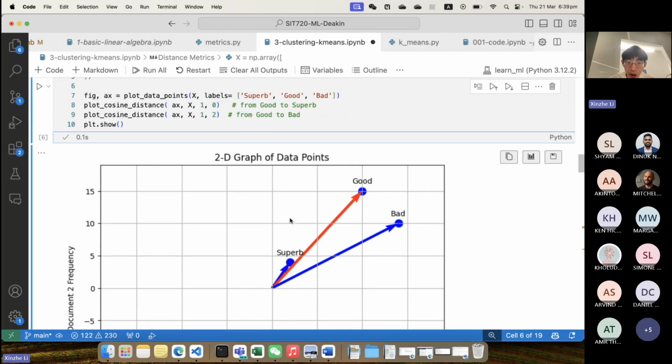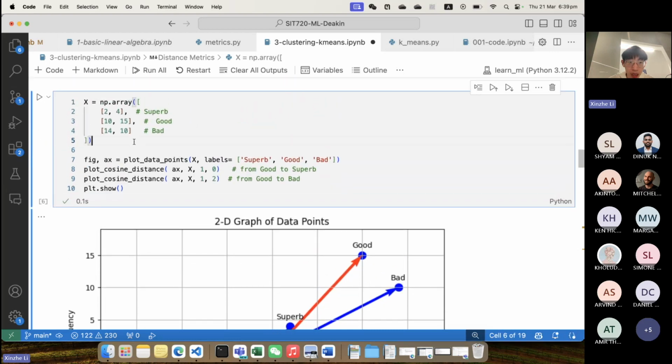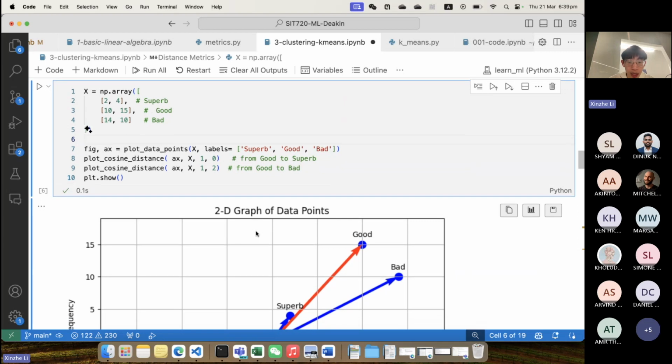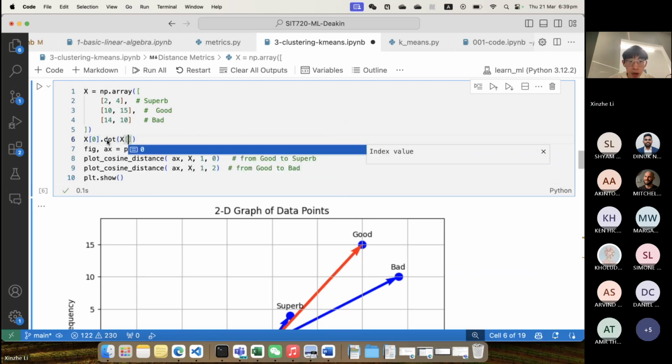So how can I calculate the dot product of super and good? What I do is I take the first row, then I do the dot product. I don't use this, I just use the dot. You see, this is a dot product between good and super, right?